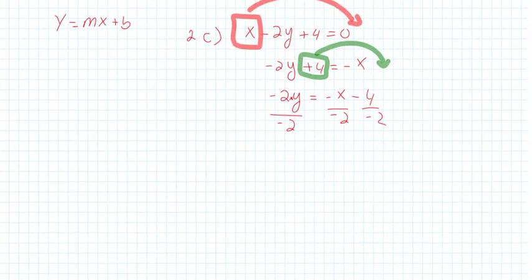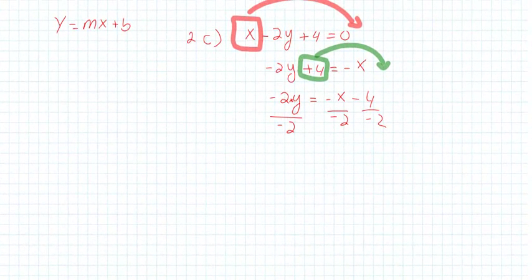When there's no number in front of the x, when it's negative x, what does that mean? That's an invisible one. That's right. So that's a negative 1x. Let's simplify. Negative 2 and negative 2 cancel each other, so you'll be left with just 1y. And if I simplify the negative 1x over negative 2, that equals to what?